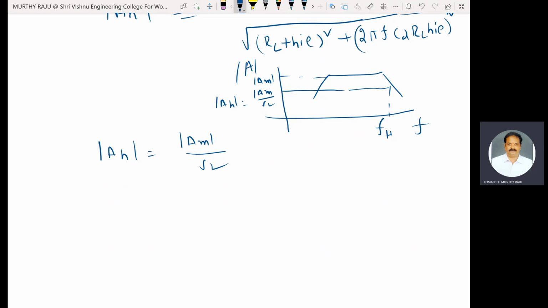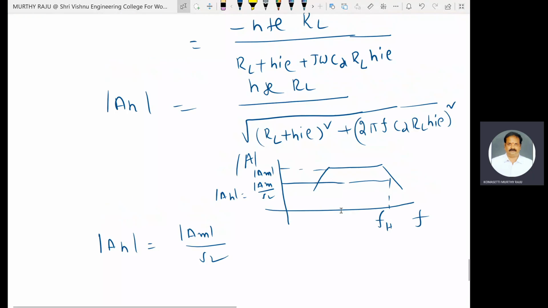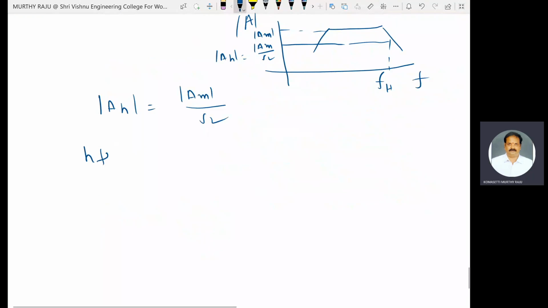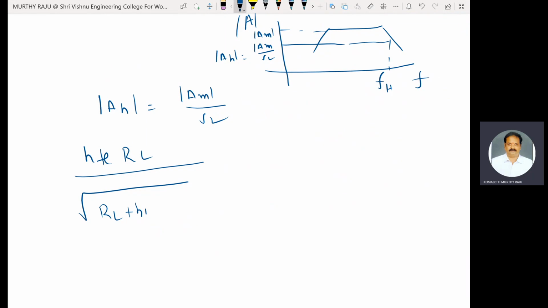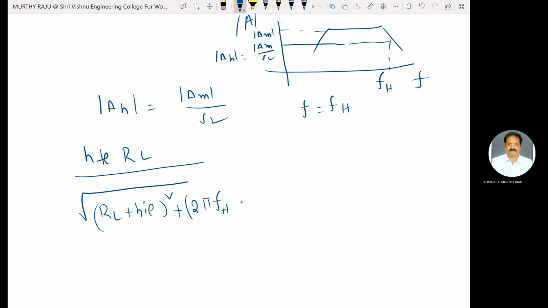We know that mod AH is equal to HFE RL by square root of RL plus HIE whole square plus 2 pi F CD HIE RL whole square. At F equal to FH only, mod AH is equal to mod AM by root 2. So 2 pi FH CD HIE RL whole square.